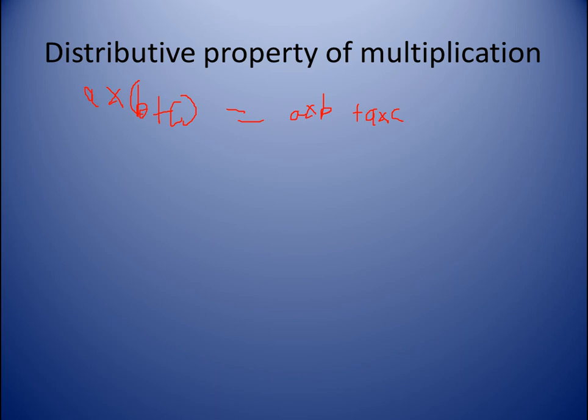Now we will take an example to this. Multiplication is distributive for integers.